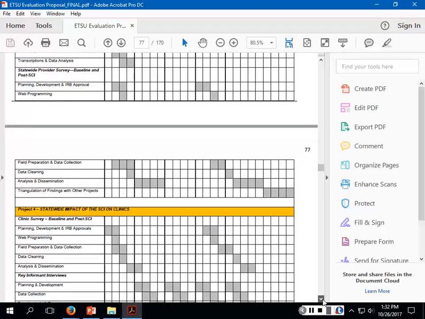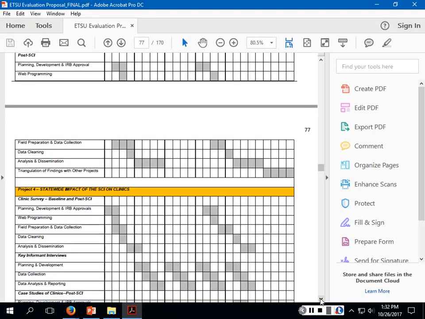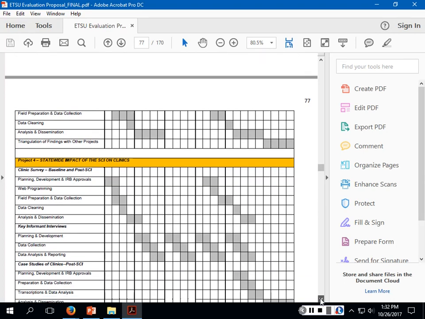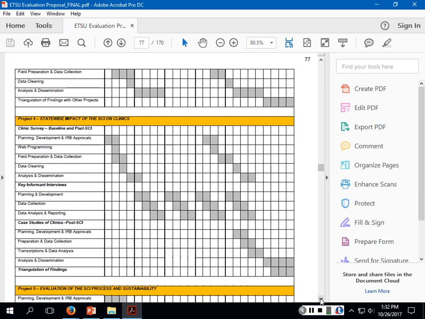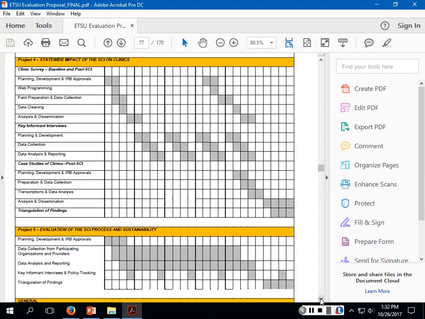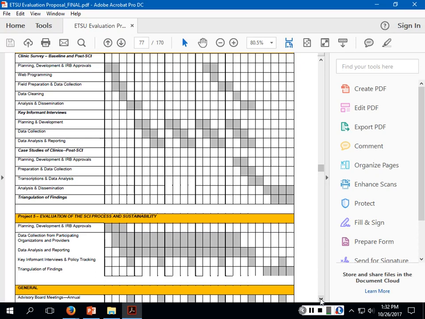You can clearly see what those activities are, and you can clearly see when each activity is planned to begin and to end. Some activities occur throughout the life of the project, whereas other activities are short in duration.